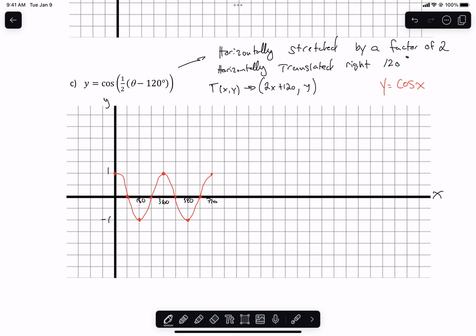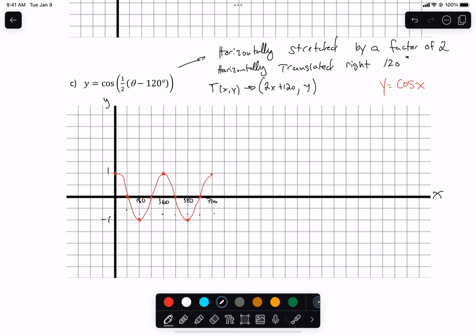And then what? You want to do this in 2 bits? So these all have to get multiplied by 2, right? And then shuffled. So what we could do too, 1, 2, 3, 4, 5, 6, 7, 8, 9, 10, 11, 12, 13, 14, 15, 16. This is going to be what? What degree?